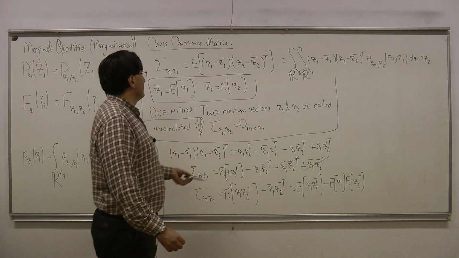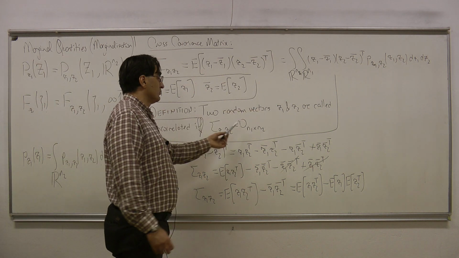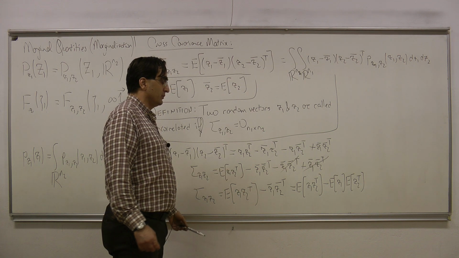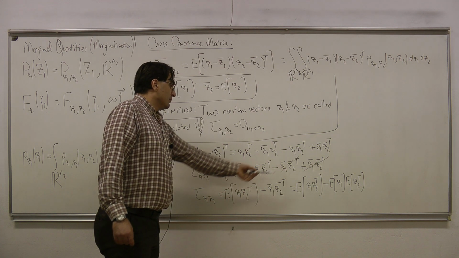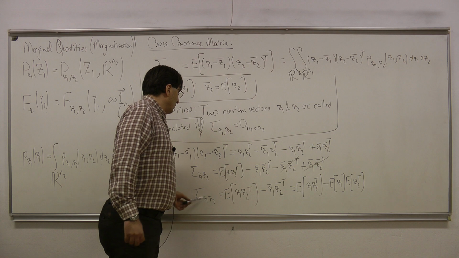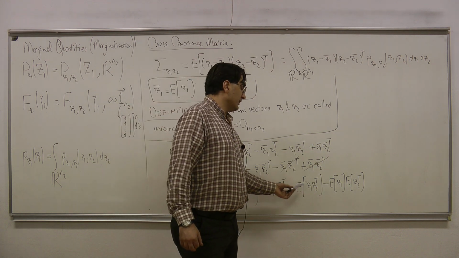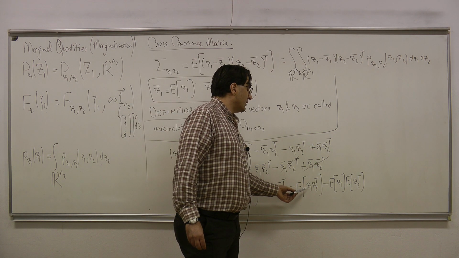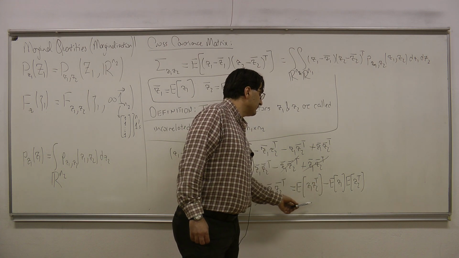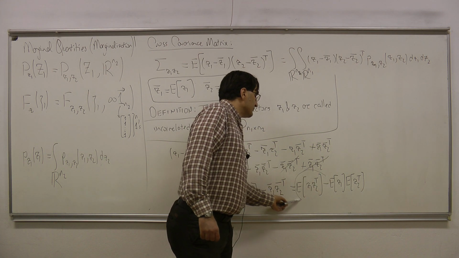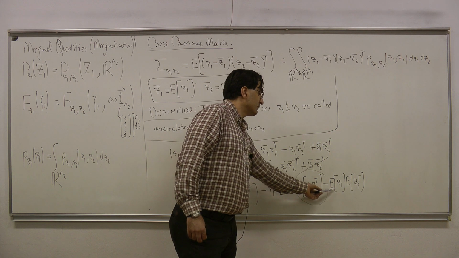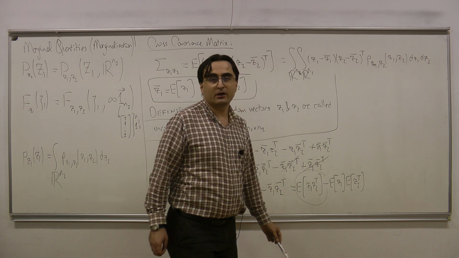I know that two random vectors are called uncorrelated if this cross-covariance is 0. And by using this definition of the cross-covariance, I can say that the random vectors are uncorrelated if and only if the expected value of this multiplication is equal to the multiplication of the expectations.